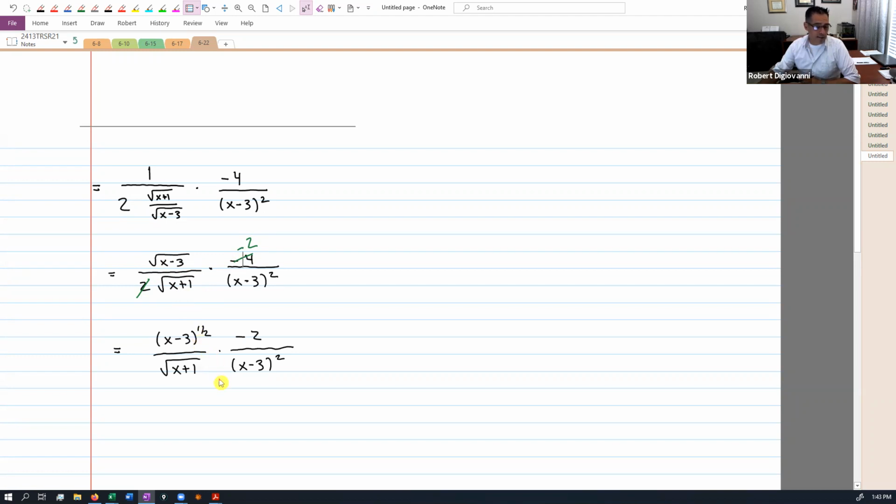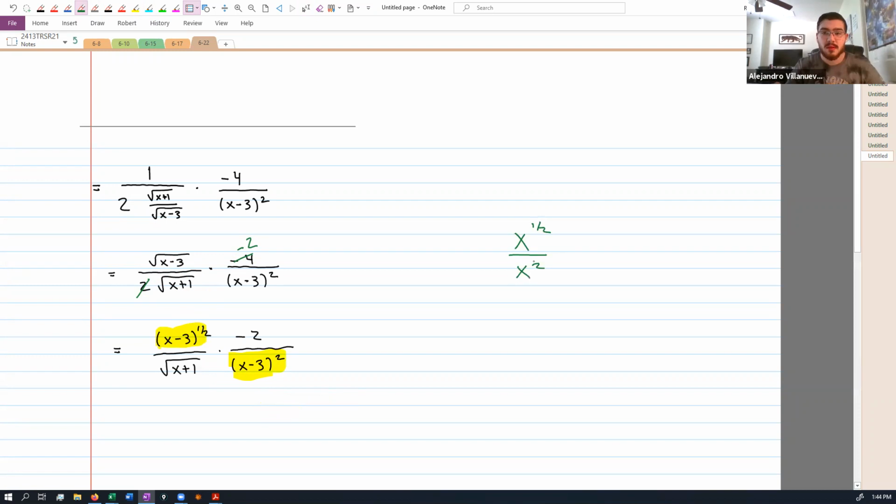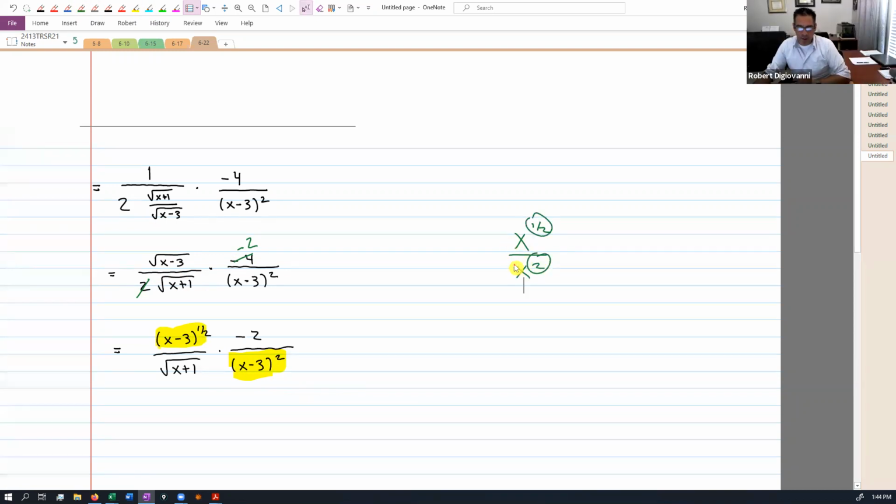Do y'all see why I did that? Why didn't I just leave it as a square root? So you can cancel the x minus 3 squared, or a portion of it, right? This is almost like having x to the 1/2 over x squared, and then you can subtract the exponents because they have the same base.